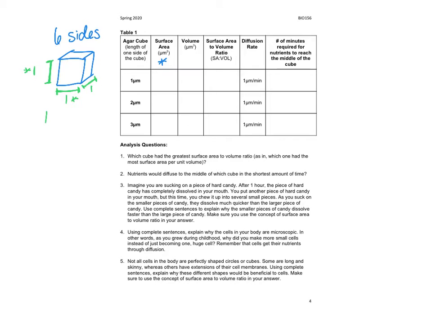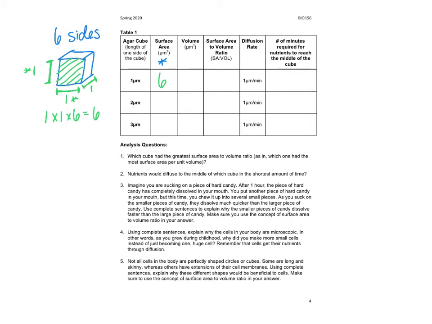And that's going to give us 1 times 1. And that tells us the surface area of just one side of the cube. But we have 6 sides, so we have to take that number and multiply it by 6. So if we multiply that out, we have 1 times 1, which gives us 1, times 6, which gives us 6. And that's the surface area of our first cube.